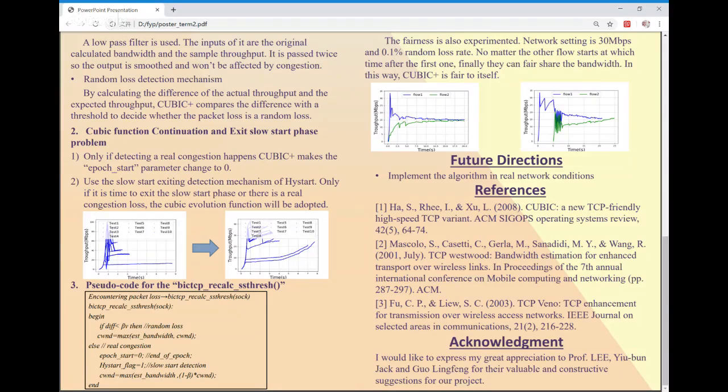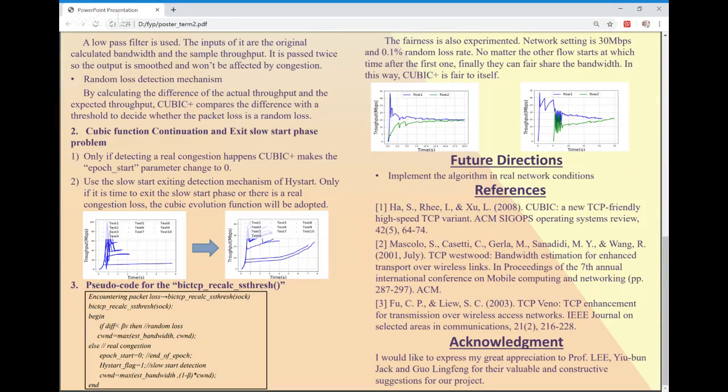If it is a random loss, it will reset the congestion window to be the maximum of the estimated bandwidth and the original congestion window, so it will not deduct the congestion window. But if it is a real congestion, it will set the congestion window to be the maximum between the estimated bandwidth and the value deducted by 30%.